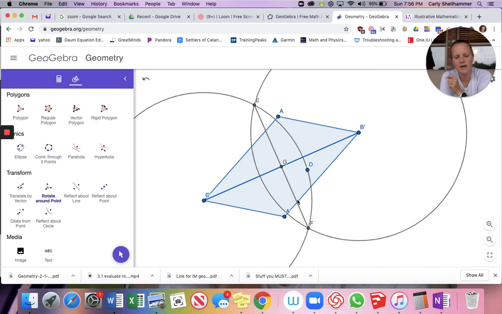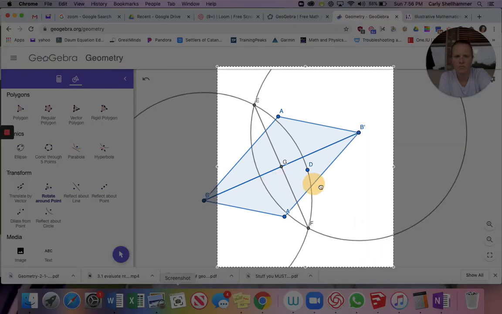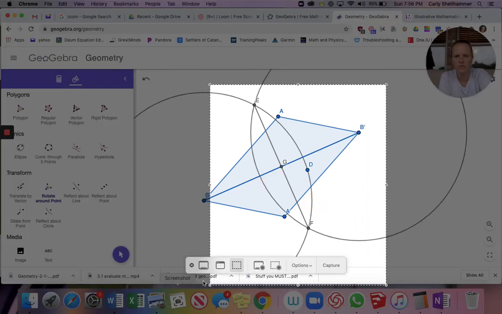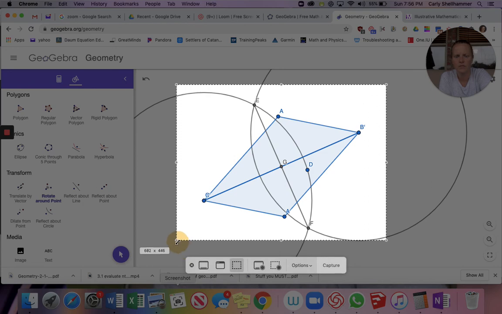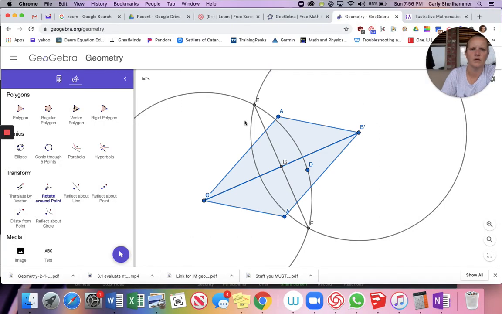Label the corresponding parts and mark what must be congruent. All right, I'm going to take a screenshot and see if I can move this into the program I was using for annotation. That was loud.